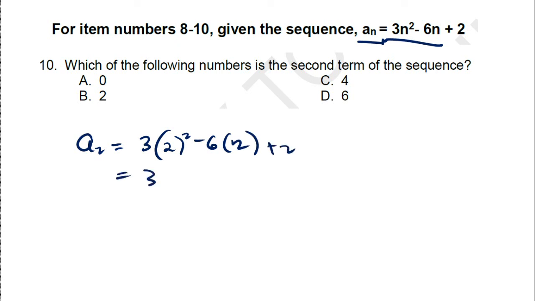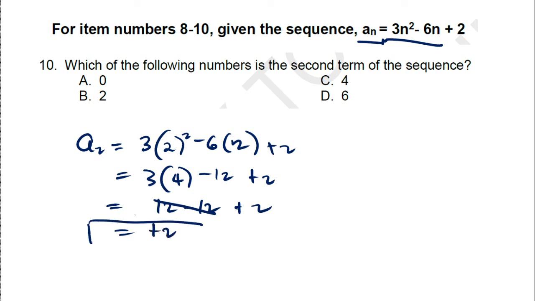So 3 times 2 squared is 12, minus 12 plus 2. We have 12 minus 12 plus 2. This becomes 0. What is left is positive 2. So the answer is letter B.